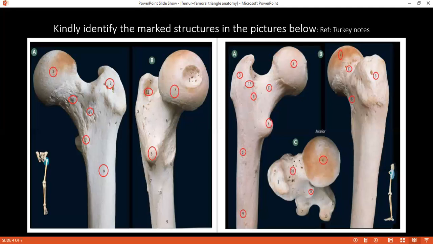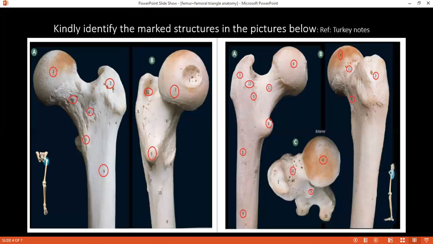Can you tell me how the head of the femur gets its blood supply, from which vessel? It has retinacular blood supply and the circumflex arteries, superior, medial and lateral circumflex around the neck, and this makes it liable to avascular necrosis if broken.